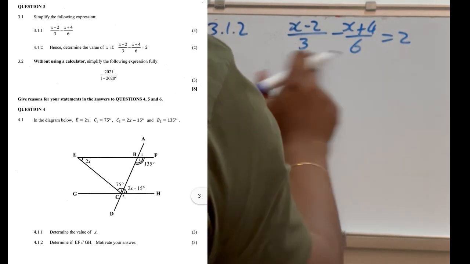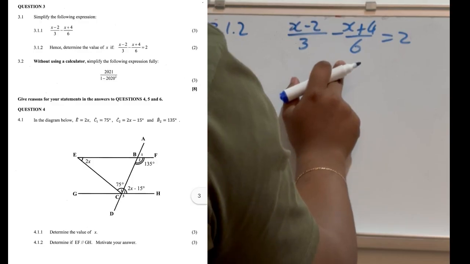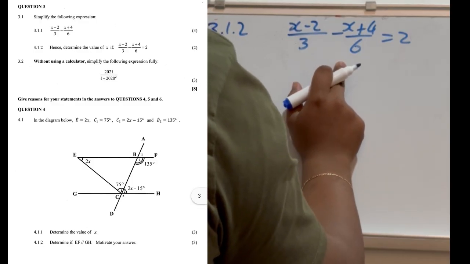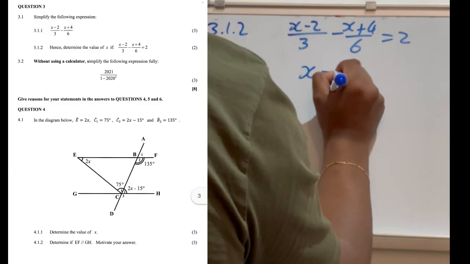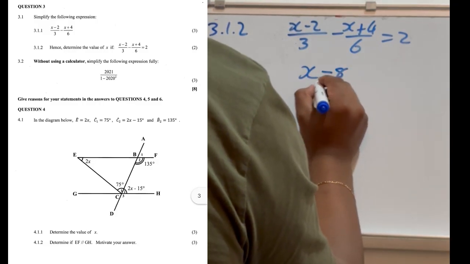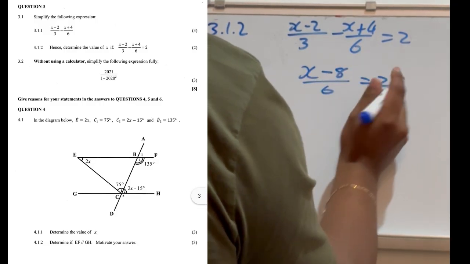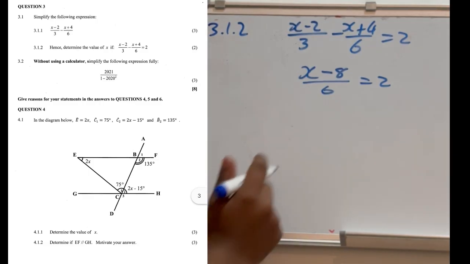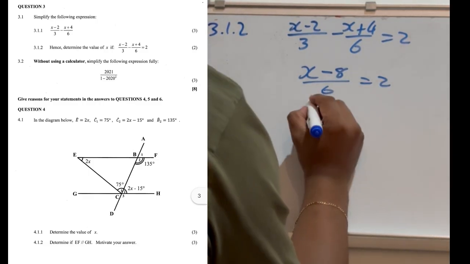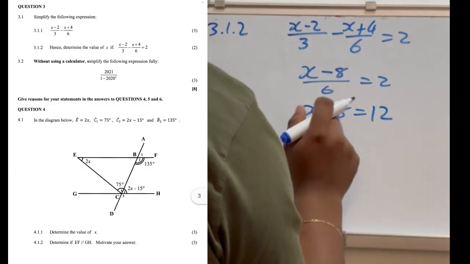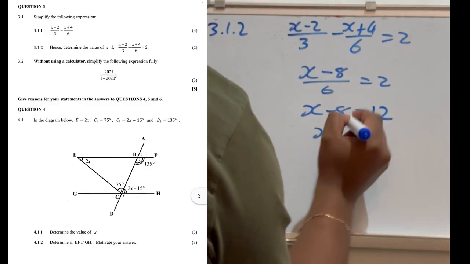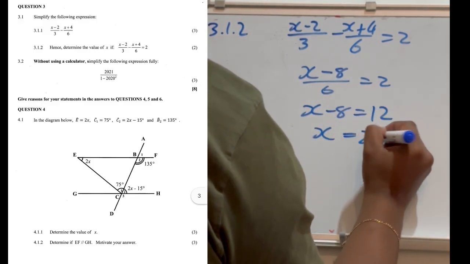We already determined this in 3.1.1, which was just (x minus 8) over 6 equal to 2. So we just multiply the 2 over, which is 6 times 2, which is 12. Then take the 8 over, it's going to become positive. Then that is just 20.